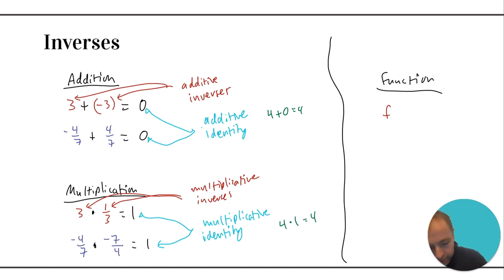So what is this mystery operation? What is this mystery other function? And what is the mystery identity element it equals? That is what we want to be able to answer here today.